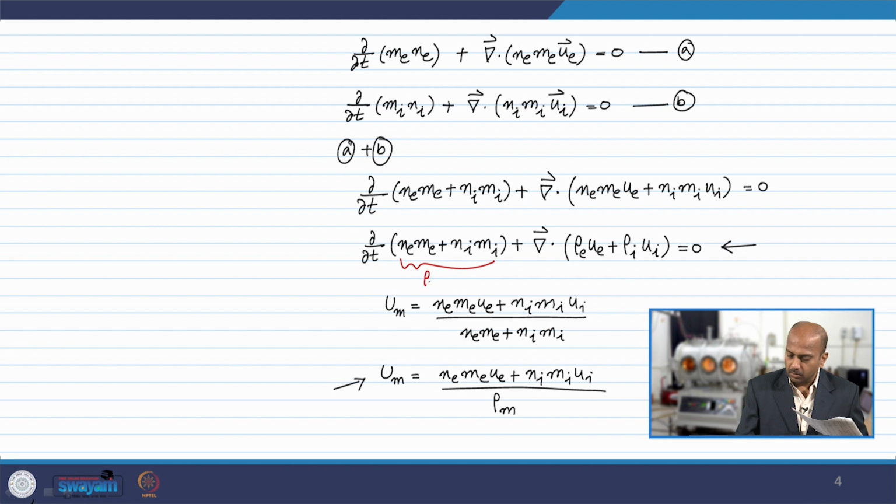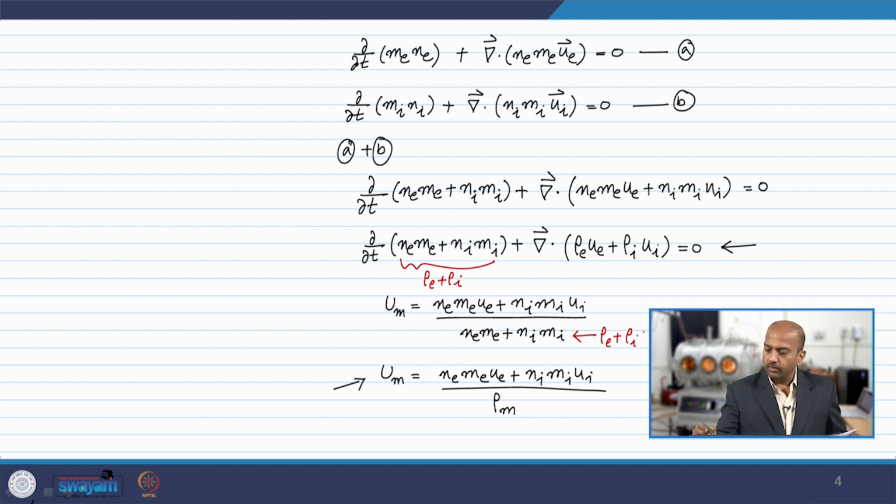This part becomes rho e plus rho I, so does this part, and we are defining rho e plus rho I as rho m, which is the entire density of the fluid, right.